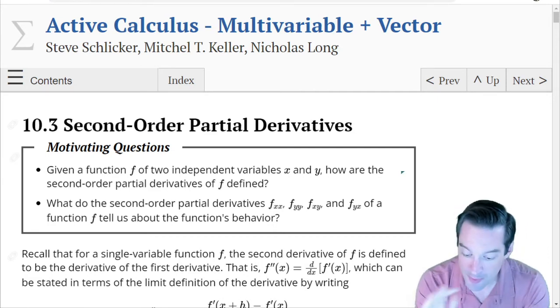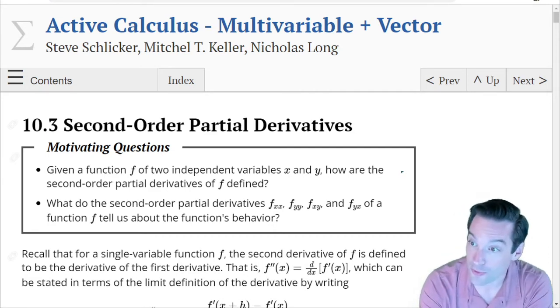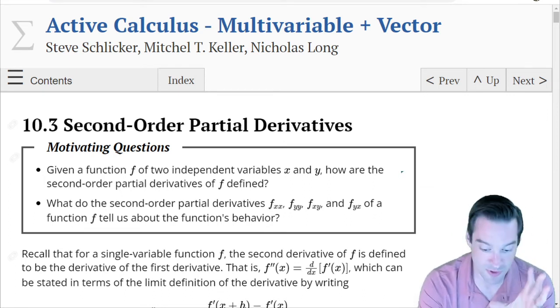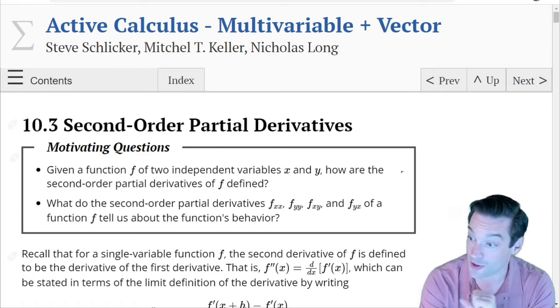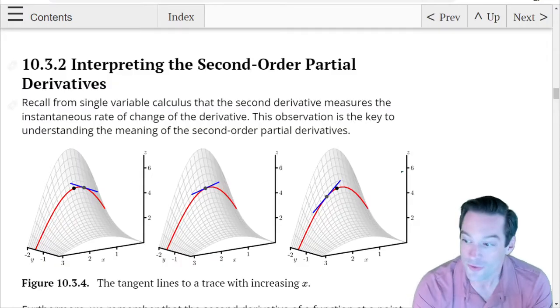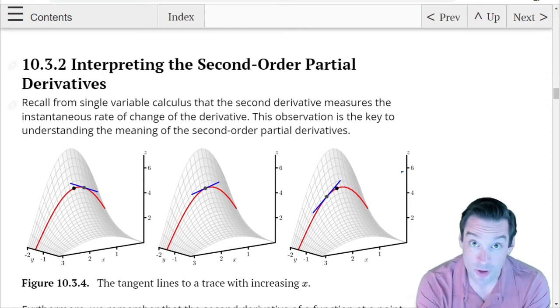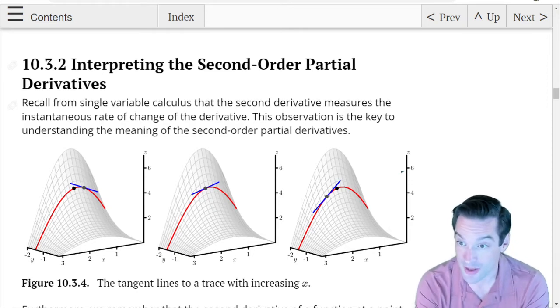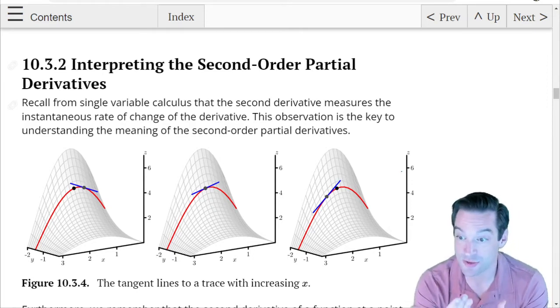And so it's a little bit more challenging to talk about what those mixed partial derivatives tell us about a function. But let's set the basics of what second order partial derivatives can tell us. So just taking x as my variable for a minute, I want to look at the behavior of my function in just the x direction, so I'm going to treat y as though it's a constant.